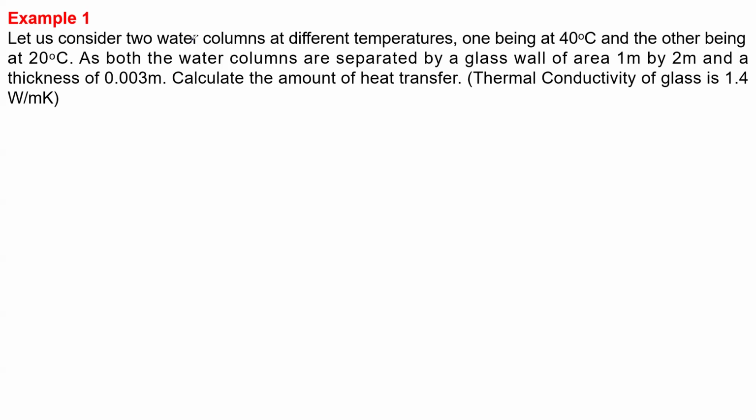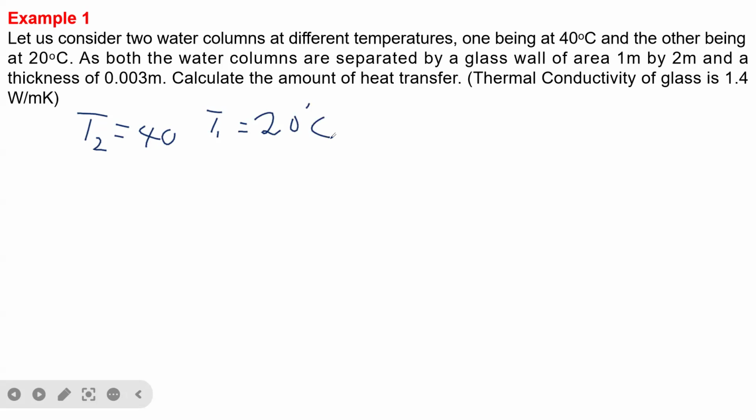So you can see, ladies and gentlemen, from here we are given two temperatures. T2, that is the final temperature, is 40 degrees centigrade, that is the temperature of the hot object. And then we have the temperature of the cooled object, which is 20 degrees centigrade. And then we have the area.